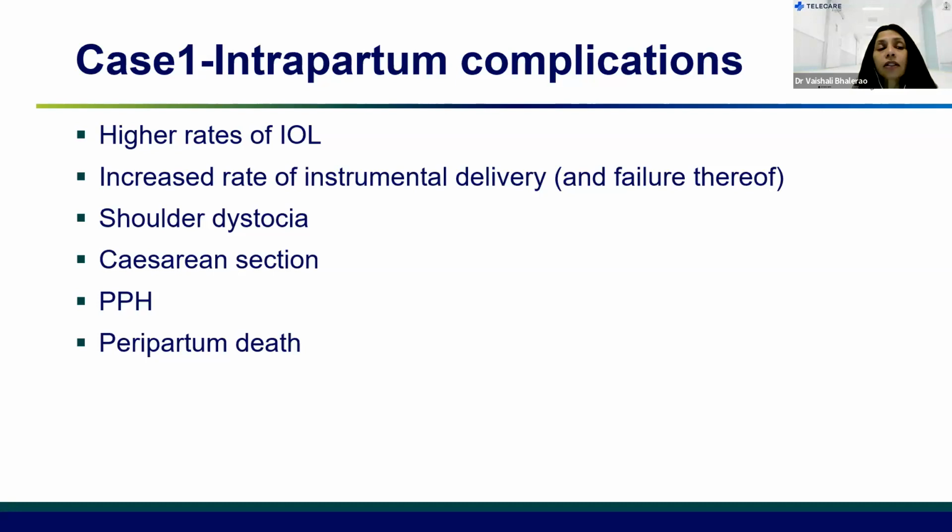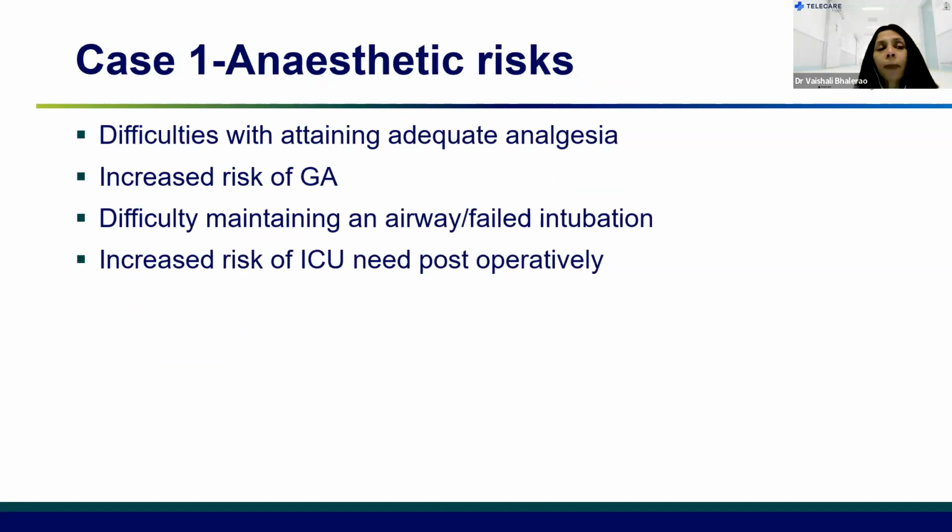So other complications intrapartum, they are at the risk of having more cesarean sections, postpartum hemorrhage, and peripartum death. Anesthetic risk: difficulties with attaining adequate analgesia, increased risk of general anesthesia, difficulty maintaining an airway or failed intubation, increased risk of ICU need postoperatively.